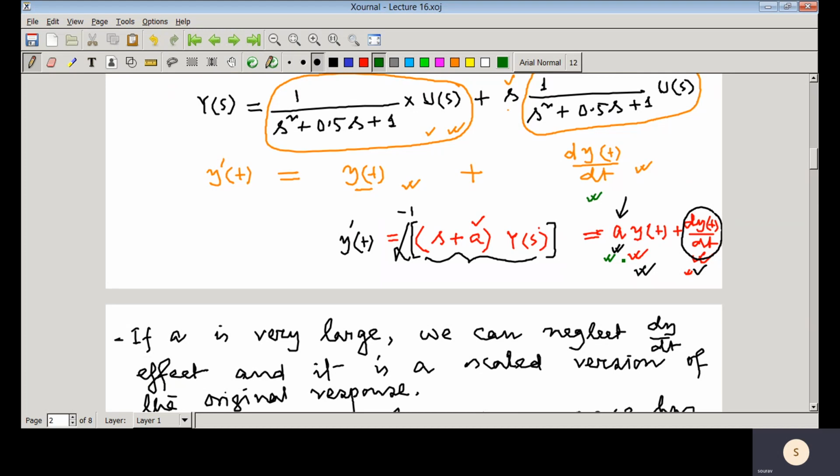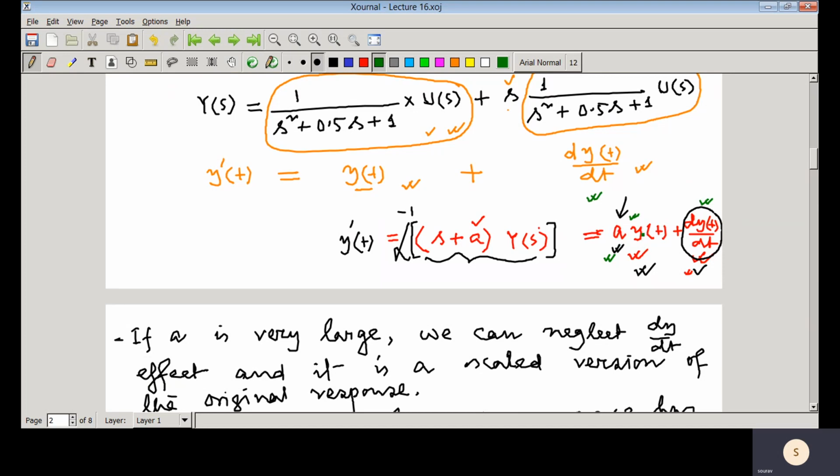But if a is very large, that means the introduced 0 is far away from the origin, then we can neglect the dy by dt effect, and the output would be the scaled version of the original one. The typical nature like oscillation, overshoot, percentage of overshoot, etc. remains the same, only it would be scaled up or down depending on the value of a.